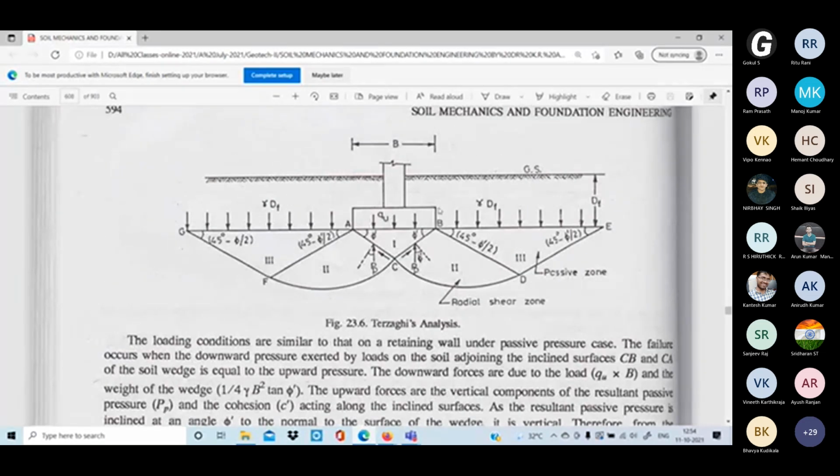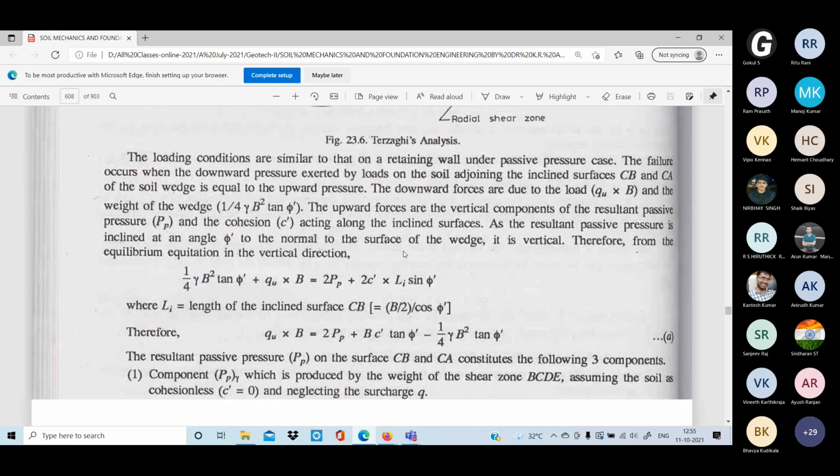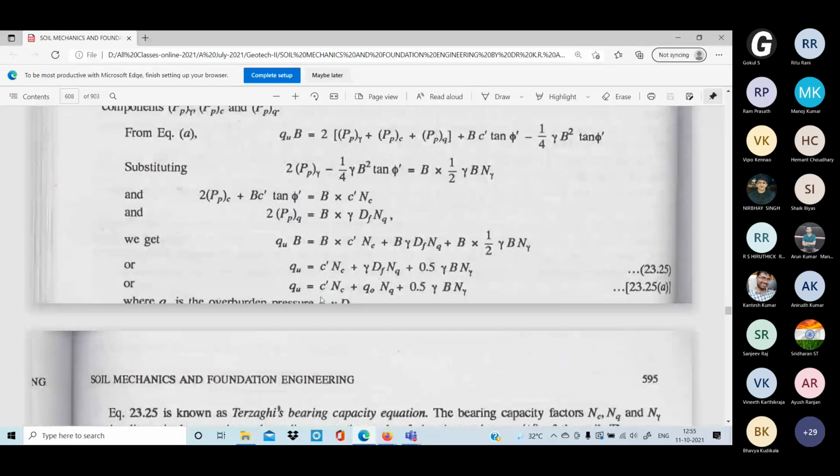This A, B, C behaves as in elastic equilibrium as a part of the footing, and this will be a radial shear zone, and this would be a passive zone, okay. And we have derived it, and finally we found this equation, cNc plus gamma Df Nq plus 0.5 gamma B N gamma and so on. This equation, the ultimate bearing capacity, is very important.